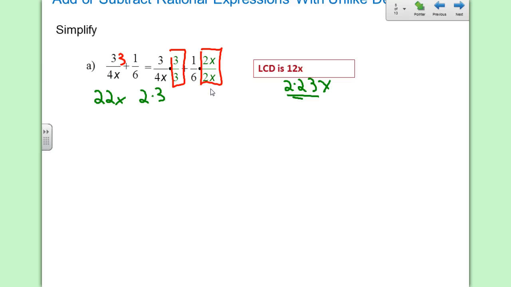You can't just multiply the top by 3. We know that we have to multiply top and bottom by the same value. Okay? We carry on. Now we have the same denominator, and I can just add them, and I end up with 2x plus 9 over 12x. And x can't be 0.